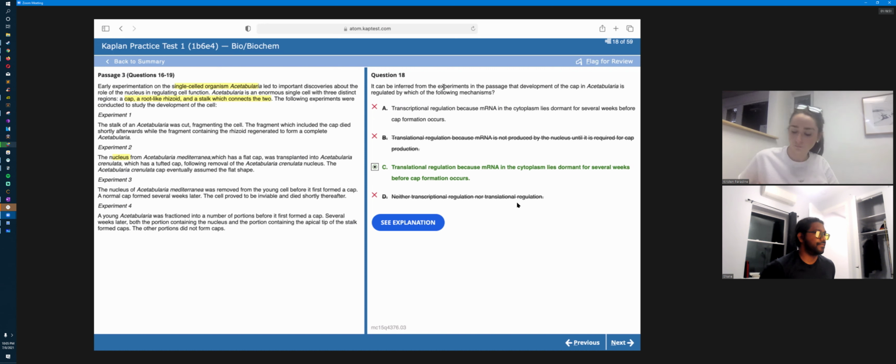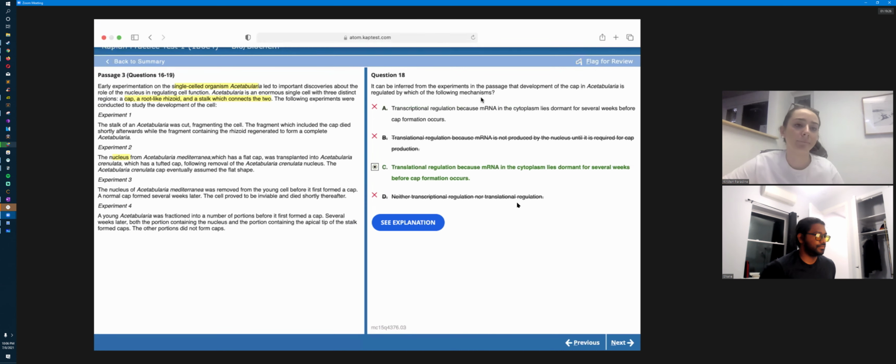Experiment 4 says that whether we have a nucleus or not, a cap will still form. Yep, that clears it up. If the nucleus isn't there, there can't be any transcriptional regulation. Yeah, that actually makes sense now. I think that's it.